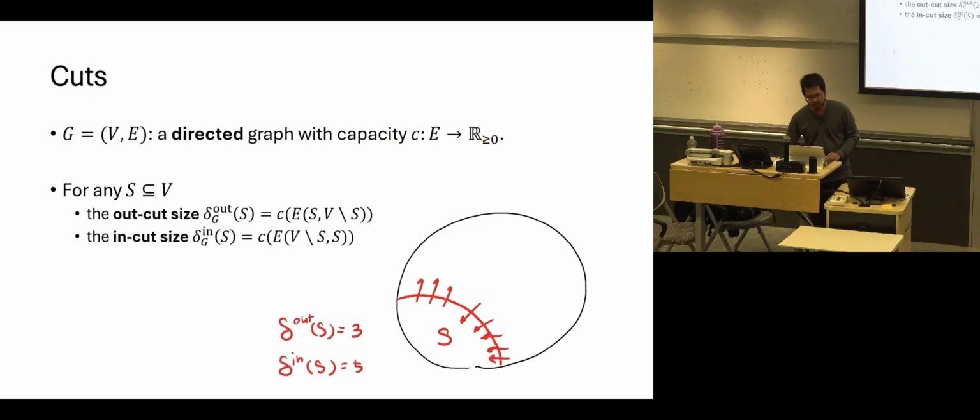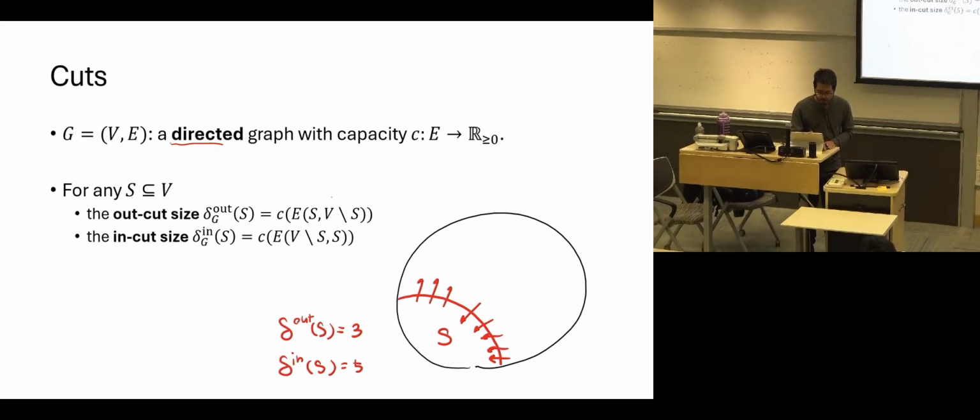Good. And next is just the notion of cuts. This is just for notation. Let's say that the graph is directed and you have edge capacities. Then if you look at any set S here, we can talk about the out cut and the in cut.